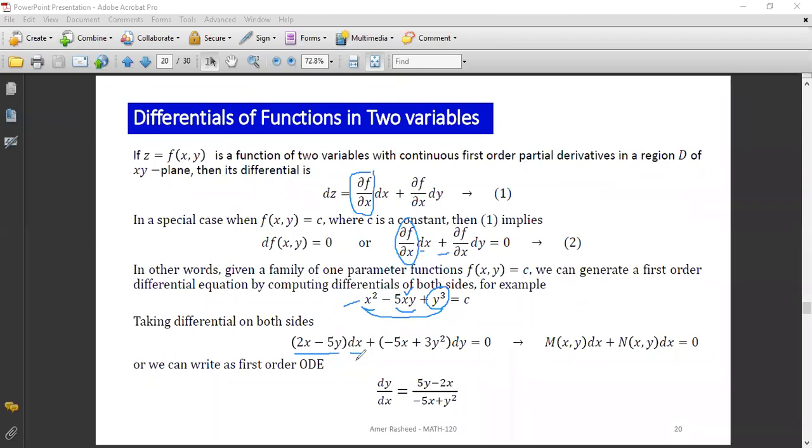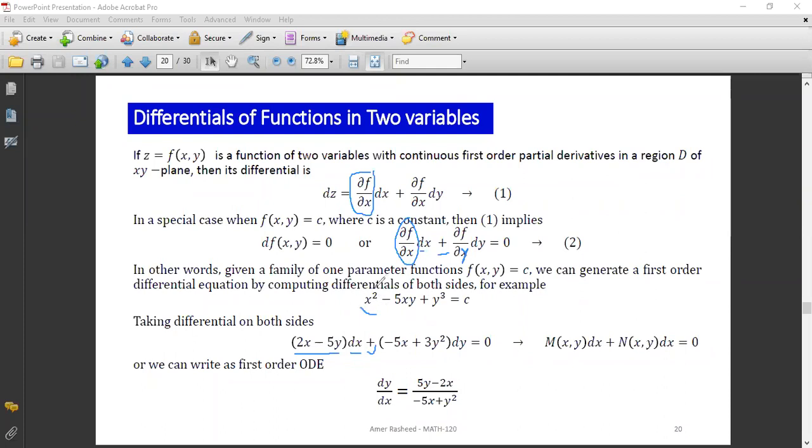Now plus partial f over partial y. Now we compute the derivative with respect to y of this expression. While taking the derivative with respect to y, we consider x to be constant.